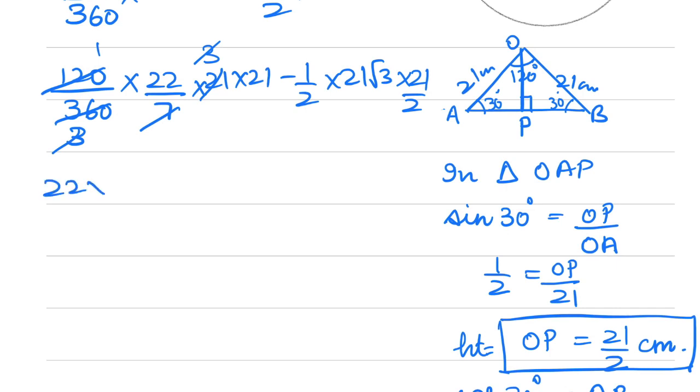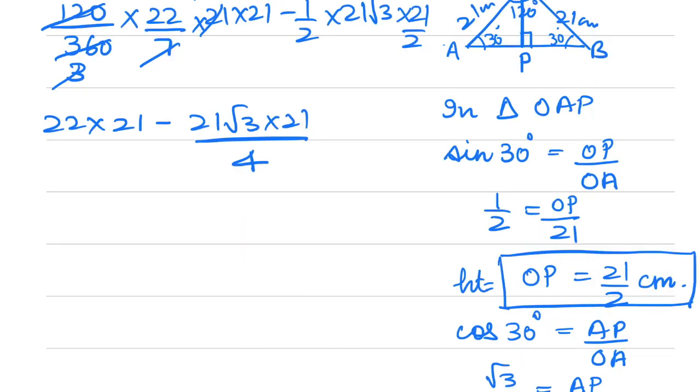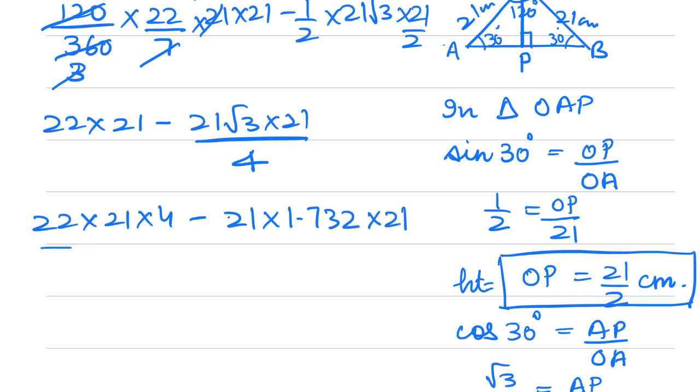So we get 22 into 21 minus 21 root 3 into 21 divided by 4. Now let's take the LCM. So 22 into 21 multiplied by 4 minus 21, and this I can multiply by 1.732 multiplied by 21 divided by 4.